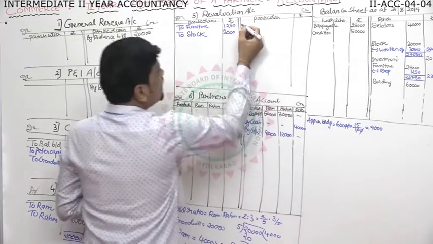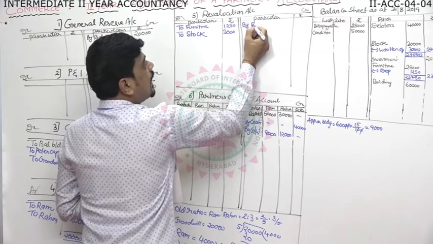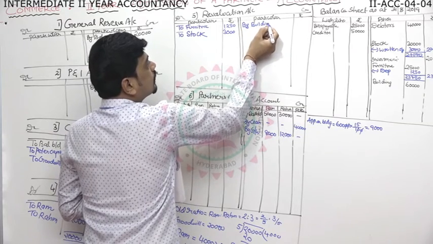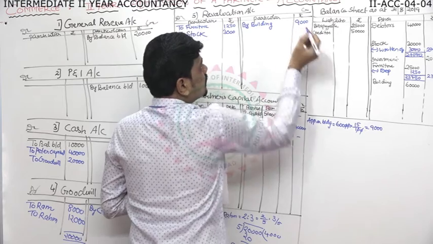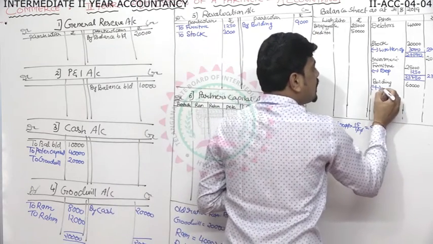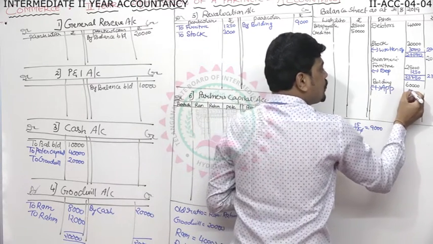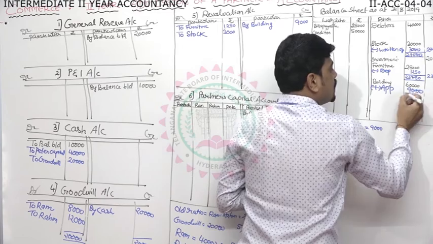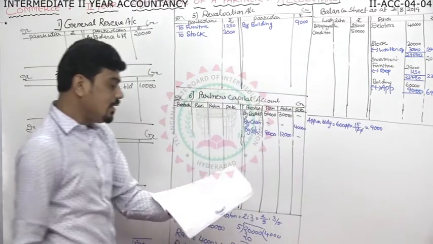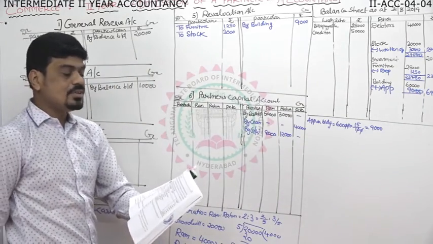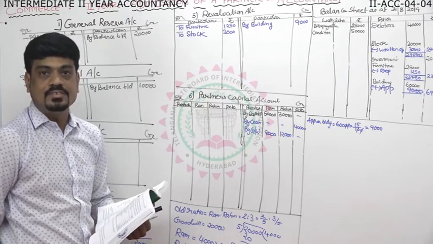So I'll go to revaluation account, by building. How much is building? 9,000. Then I'll add appreciation 9,000. 69,000 here.